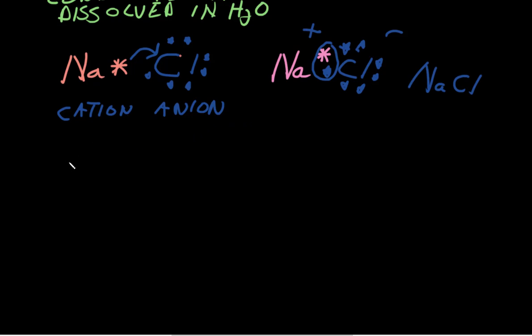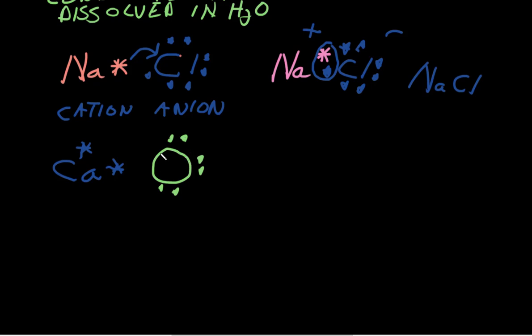Let's look at calcium. Calcium has 2 electrons in its outermost energy level. So it's not going to gain 6, it's going to want to get rid of 2. Let's combine it, this time, with oxygen. Oxygen, if you remember correctly, has 6 electrons in its outermost energy level, so it's going to want to gain 2.